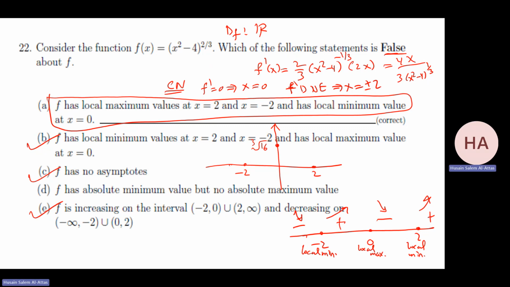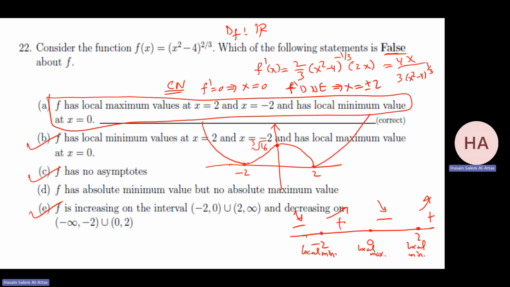It will be decreasing because I'm talking about absolute maximum, so I don't care about concave up or concave down. There are no asymptotes. So before minus 2, take minus 3, it will be a positive value, so it will be decreasing. Then it will reach this, then it will increase until 0, then decrease until 2, then increase again.